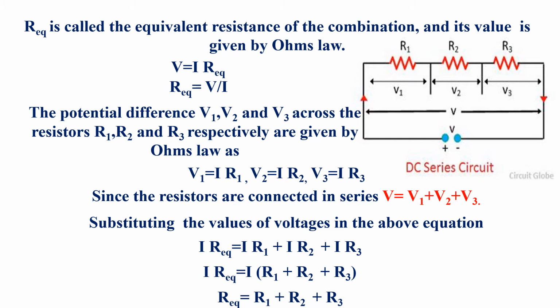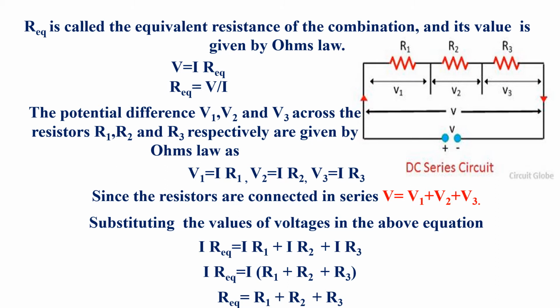I is the electric current, and when we calculate the total of R1, R2, R3, we get Req. Resistance equivalent. Req is equal to V by I. If we send this Req to the left hand side, then V comes to the right hand side.